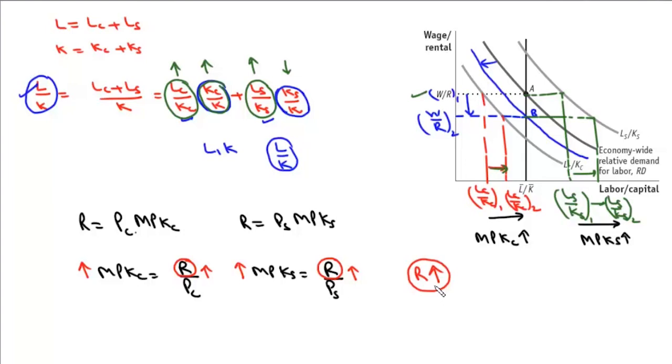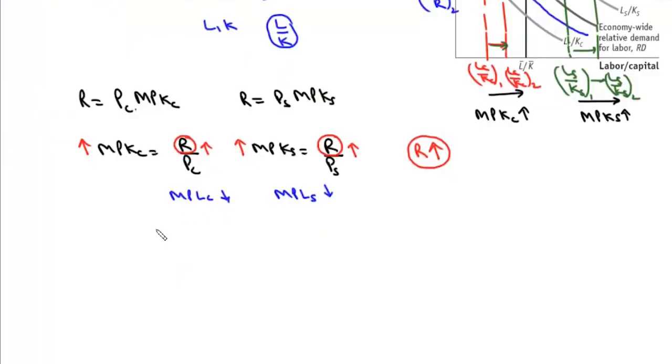Now in order to determine the change in real wages, we know that the marginal product of labor for both computers as well as the marginal product of labor for shoes is going to decrease. Now we can use these marginal products to determine wage. So wages will be given by PC into the marginal product of labor in computers and PS into the marginal product of labor in shoes.